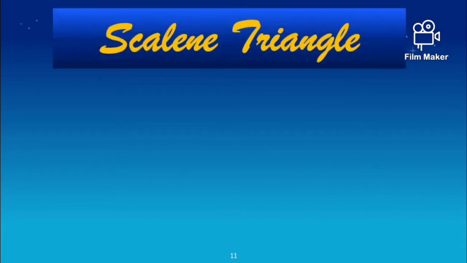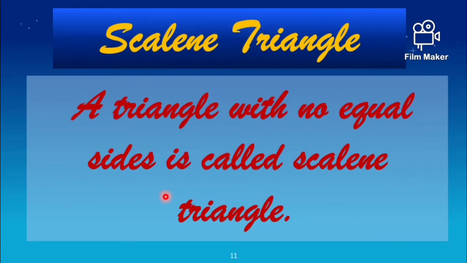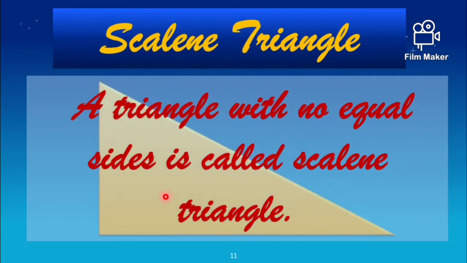Now the third type of triangle according to the sides of the triangle is scalene triangle. What is a scalene triangle? A triangle which has no equal side is called a scalene triangle. It means a triangle has no equal sides, means all sides are different in length.